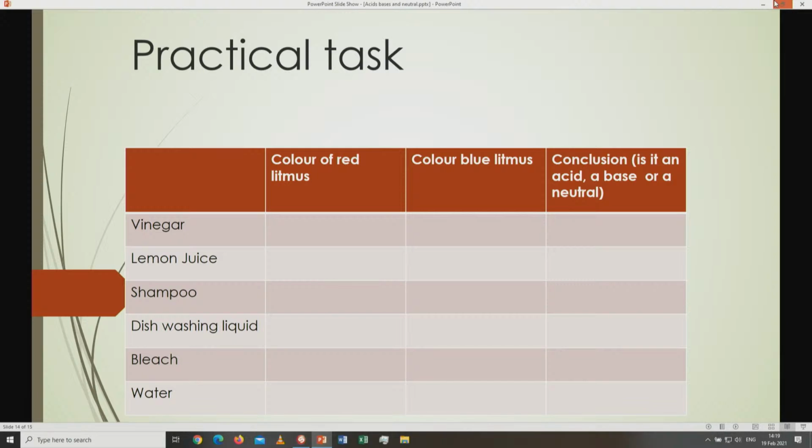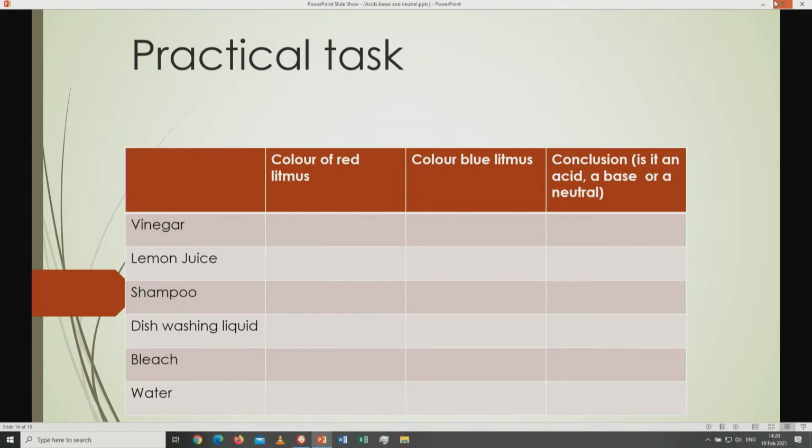Also, a shampoo is there. But let me make you aware that I'm going to use the universal indicator that I have created from a red cabbage.